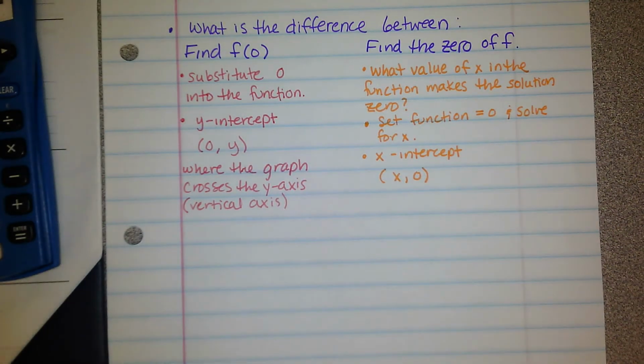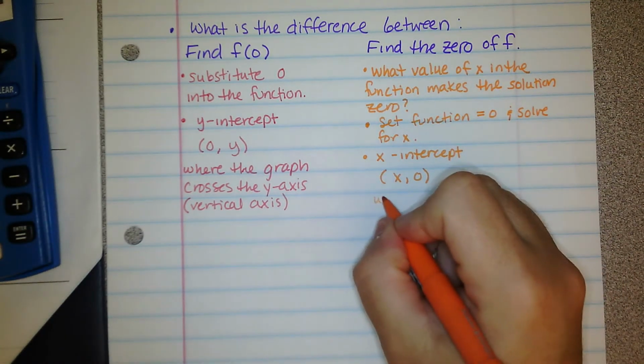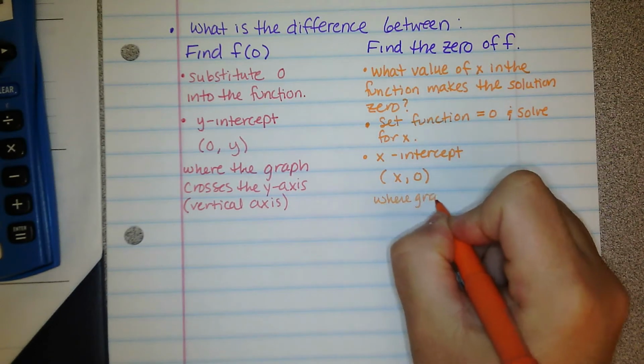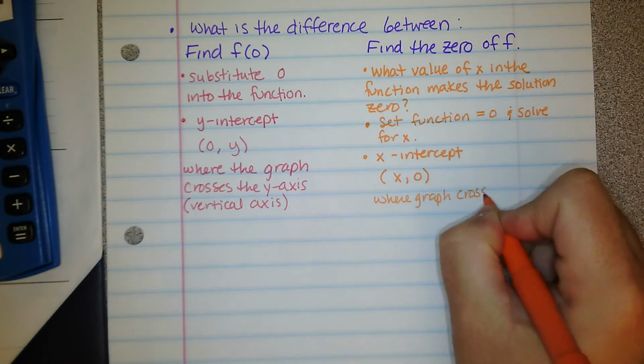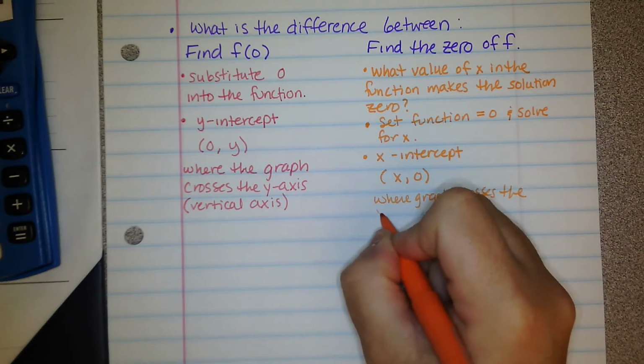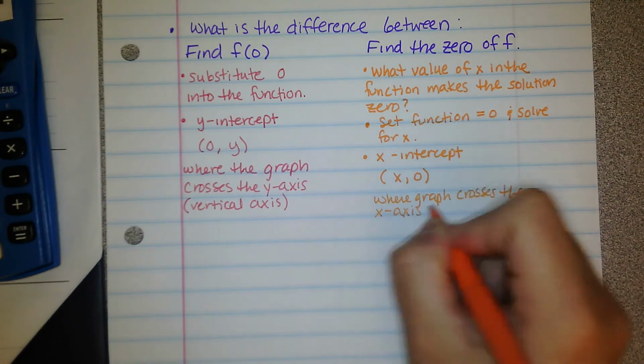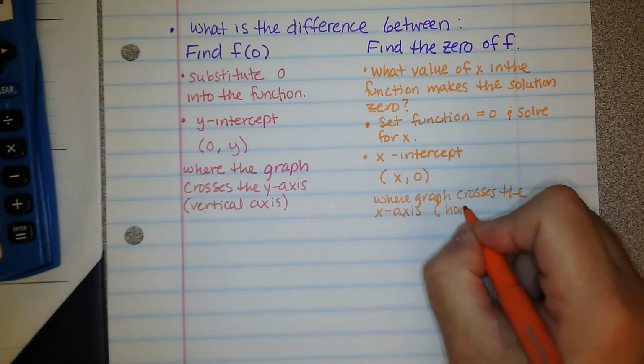And then the x-intercept crosses the x-axis, and they also call that the horizontal axis.